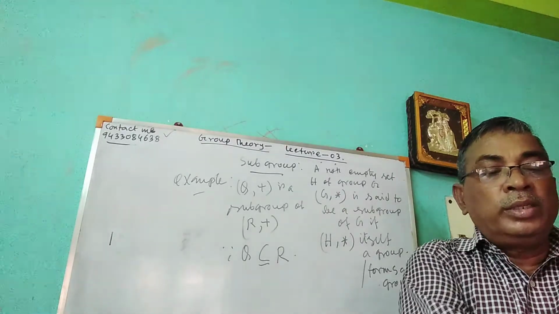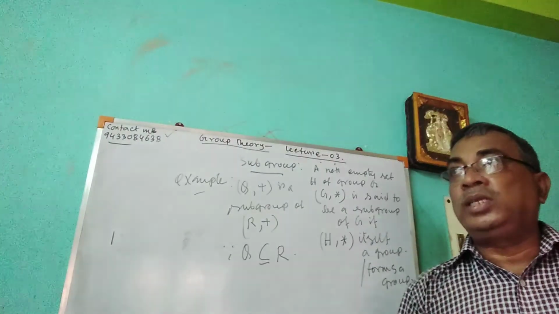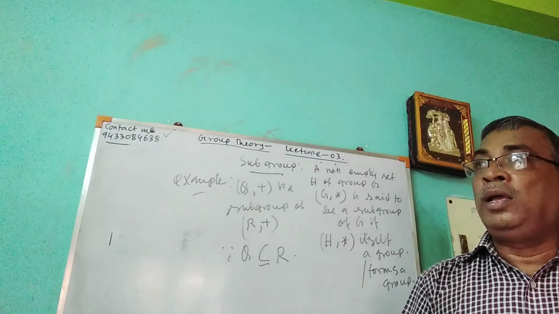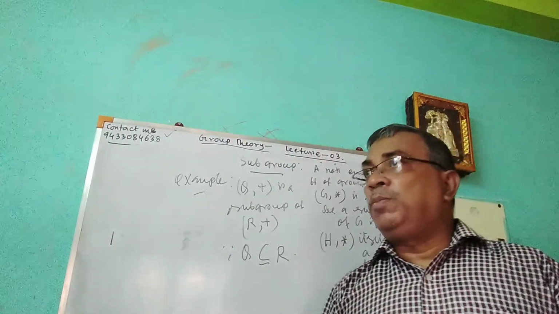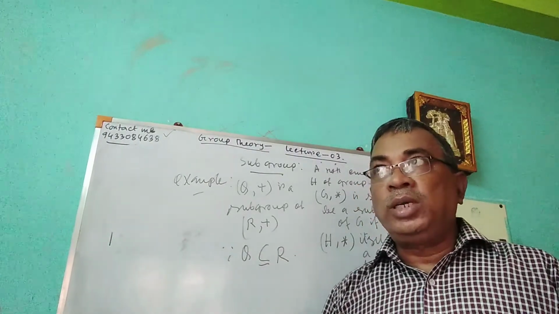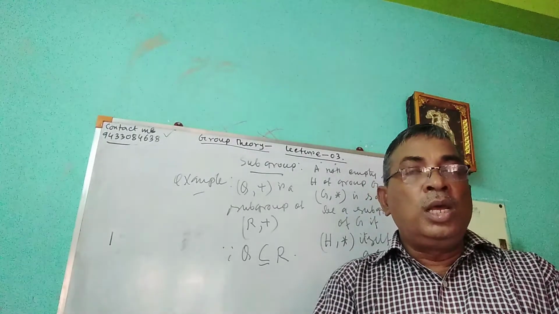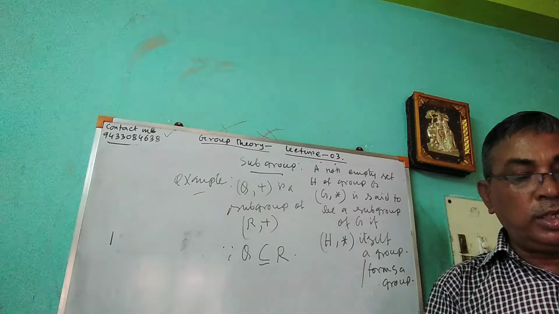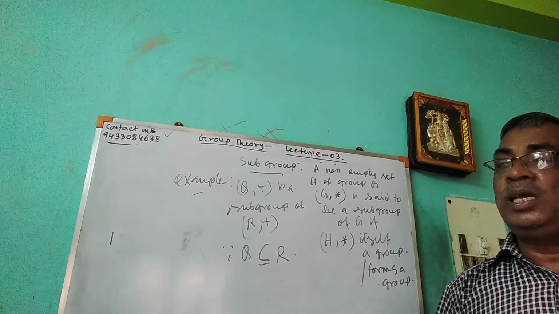And a monoid has closure, associative, and identity, these three properties. And for the commutative group, there is a commutative law: A composition B is equal to B composition A. If all properties of a group are satisfied and the commutative law is satisfied, then it is a commutative group or abelian group. I will discuss this separately.